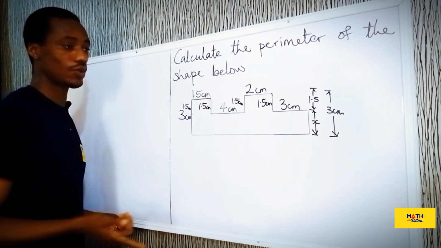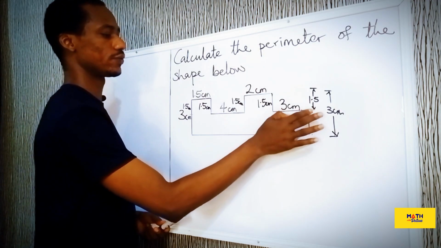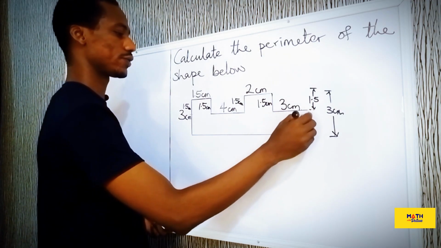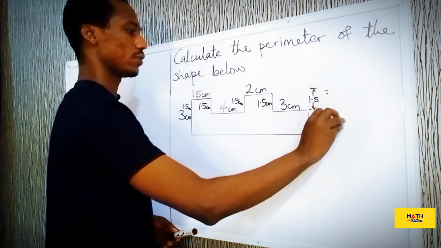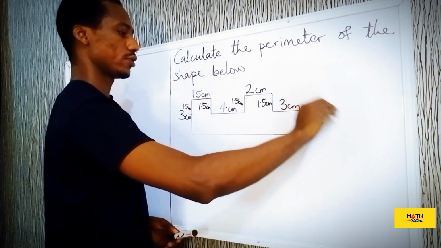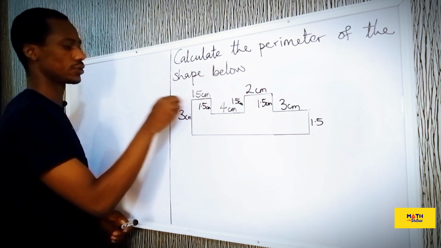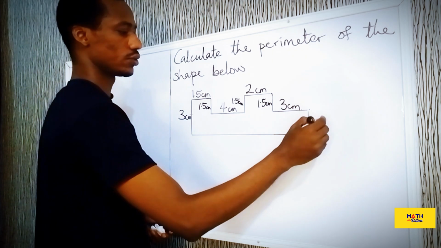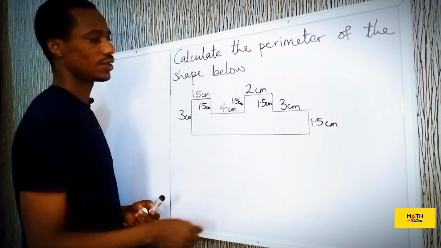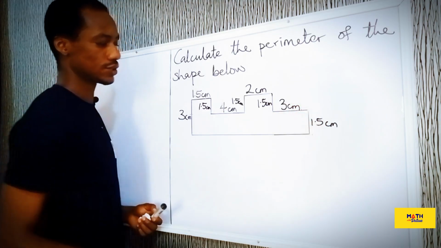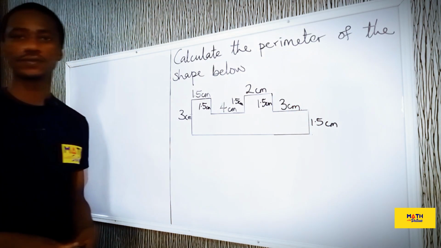If you take away 1.5 from 3 centimeters, that will give us another 1.5 centimeters. So this one is 1.5 centimeters. I'm just going to take that off, so we don't confuse it in our perimeter calculation. The only dimensions I'm going to leave will be the ones on the lines here, no extra sides.